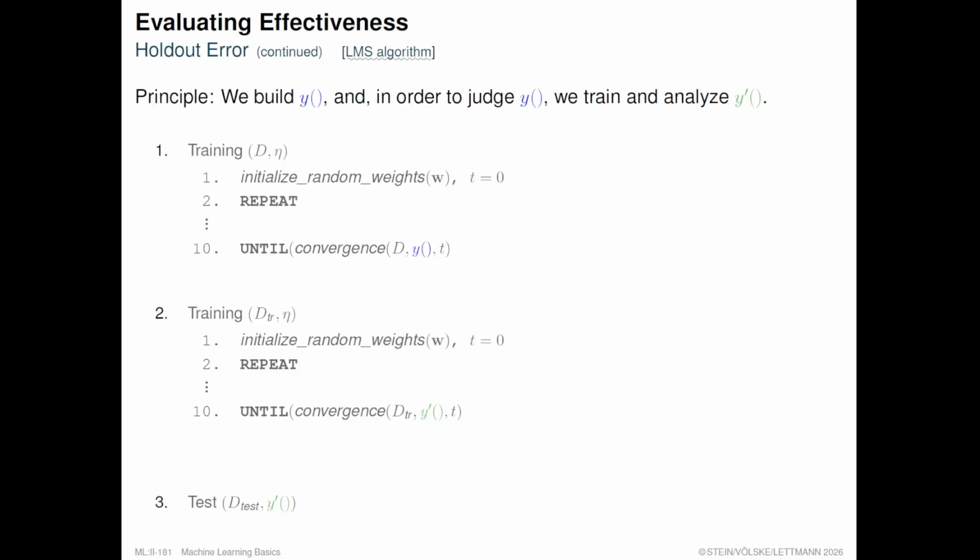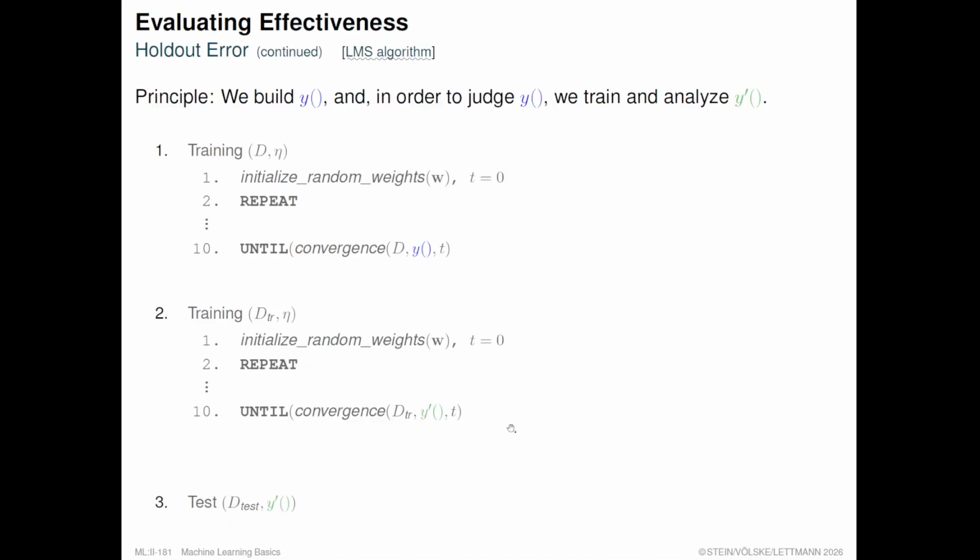So this is, again, the same thing as pseudocode. First, we train on our data set until we're done. And then we train on our training data set again, but only on the training part, and test that toy model here on the test set.